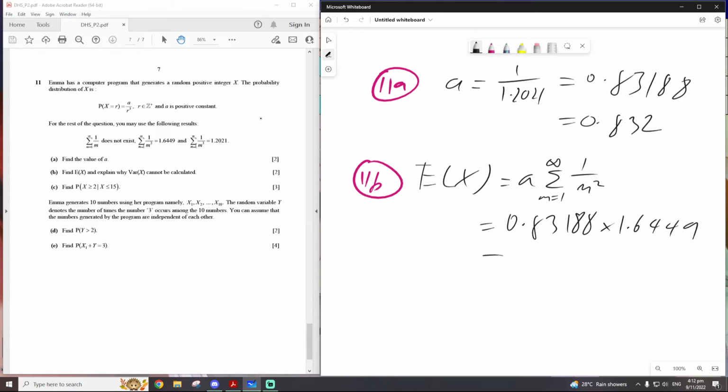Whatever this is, which is 1.3684, which is 1.37.